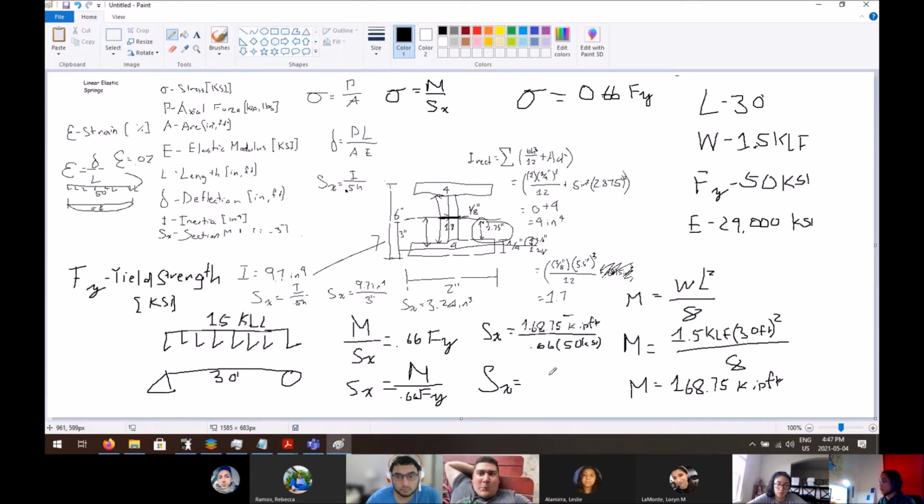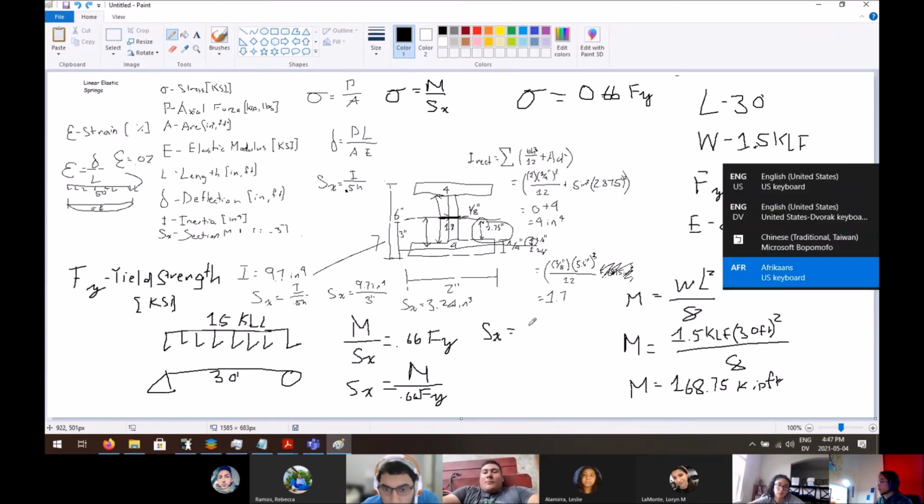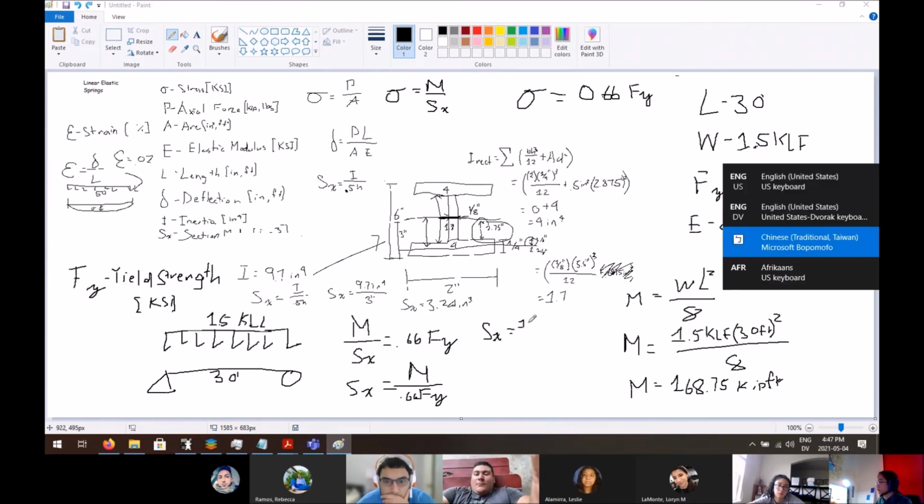So we should get, oh, right, okay. So there's a problem right here, right? So this is currently in kip feet, correct? I'm just going to write it out.